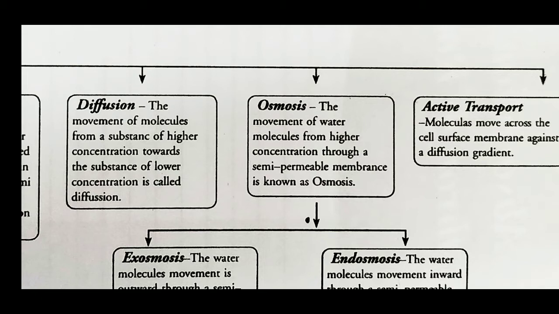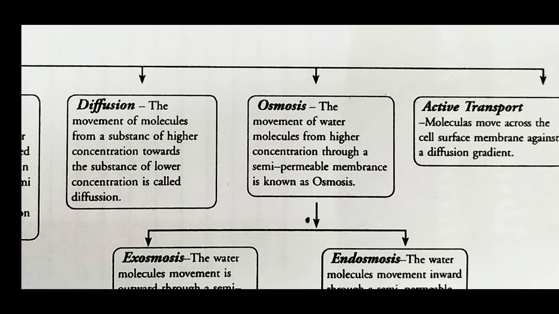A semi-permeable membrane is a type of membrane which allows certain particles and holds back certain particles. Like a seed absorbs only water, it will not absorb sand, because that is a semi-permeable membrane, and there are pores inside which can only allow a certain size.